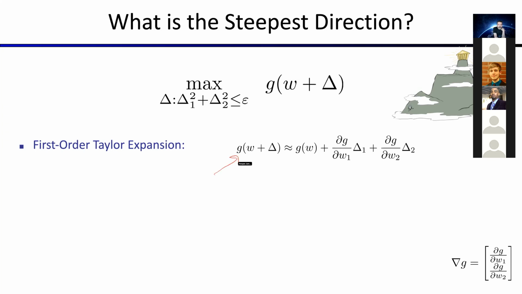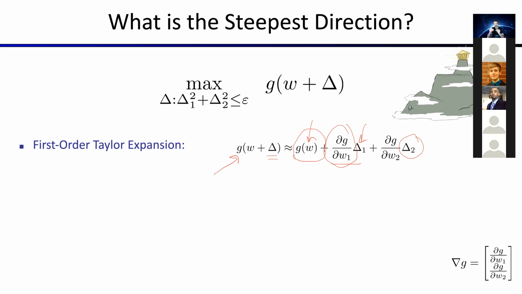When you are given a delta, you can expand it based on g of w, the initial weights, plus the amount of change according to the first coordinate of delta, delta 1, multiplied by the gradient of g with respect to w1, and the second coordinate, delta 2.